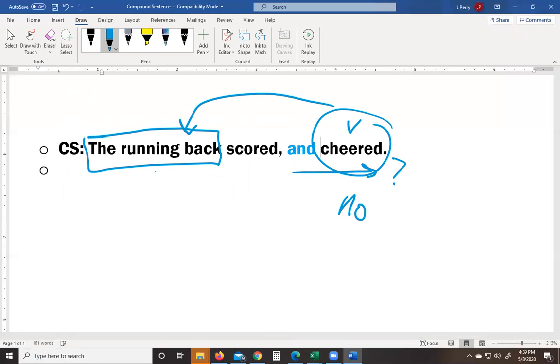This is what's known as a compound verb or compound predicate. So now I need to get rid of that comma, because I've created a different kind of grammar error. When everything to the right of that FANBOYS is not a complete sentence, we don't put commas there. But if it is, as we showed before, the crowd cheered, then we have to put that comma there. Otherwise, it's a fused sentence.